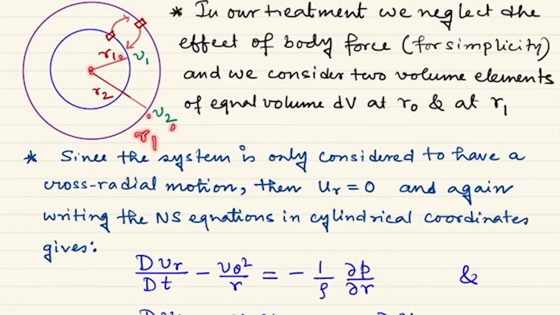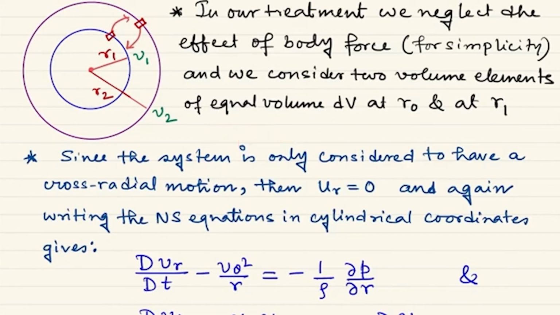Of course, R1 is less than R2, and we consider the fluid anywhere in this axisymmetric case, and the fluid is only moving in the theta cap direction, so it has only azimuthal motion, so Vr is practically 0.